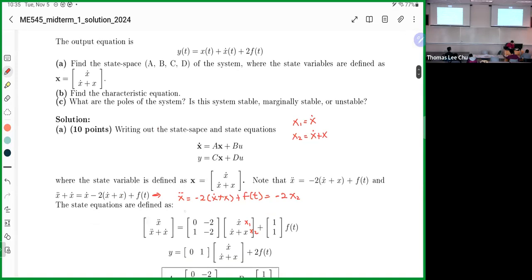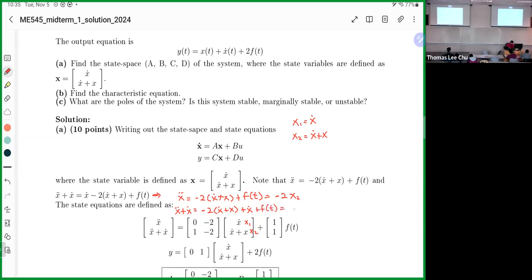And when I do the second row, where it's x double dot plus x dot, I'm just going to take this differential equation and add x dot to it. So then I get -2 times the quantity x dot plus x, plus x dot, plus f of t.